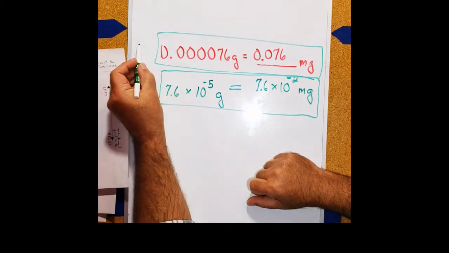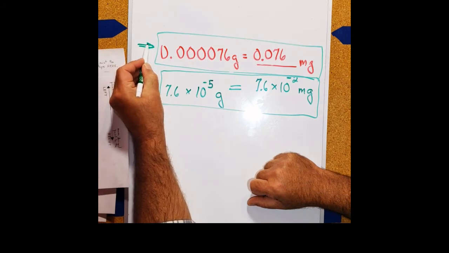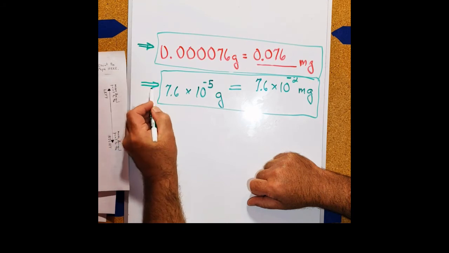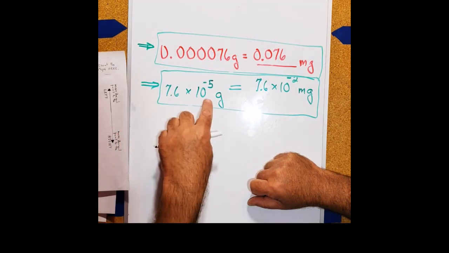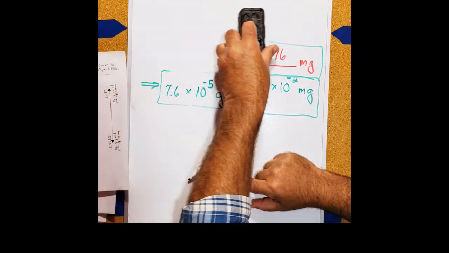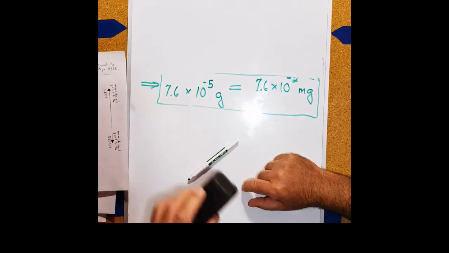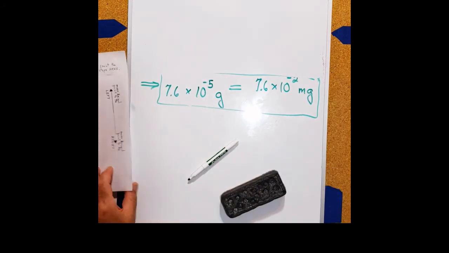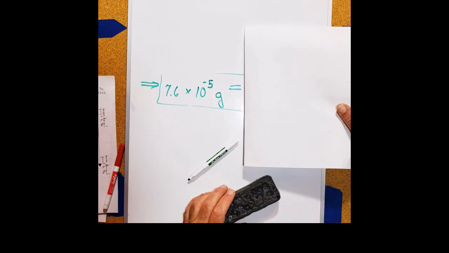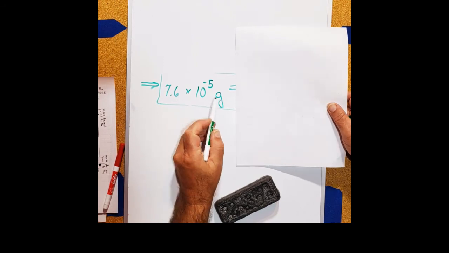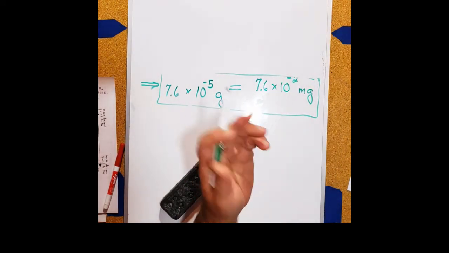Now we've learned how to do metric conversions here. How do we do metric conversions when our original number is given in scientific notation? In other words, what if we weren't able to see this up here, and I simply asked you, what is this number converted to milligrams? Well, it's this, of course, because we already got that.